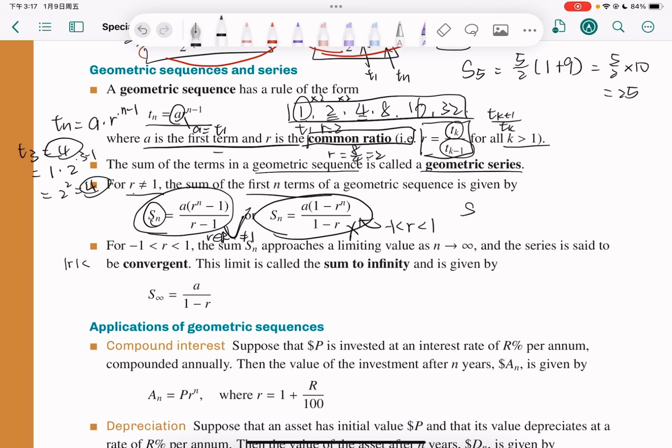Let's do an example still using this sequence. Let's do S4, the sum of the first 4 terms.